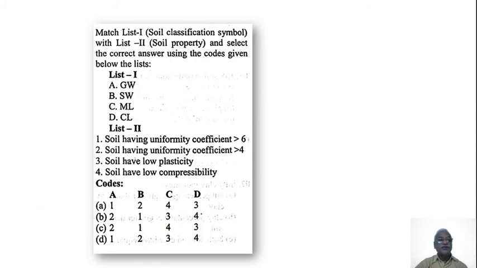You can just check whatever we have discussed. It is getting satisfied: gravel well graded is 2, fine. Sand well graded is 1, silt with low compressibility, low plasticity, C with 3, and then clay, soil having low compressibility, is 4. I think that is the answer, right?